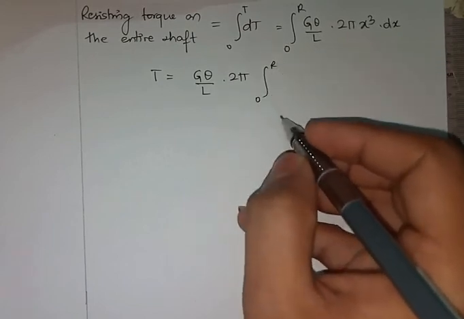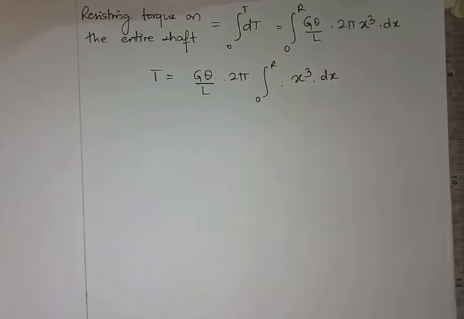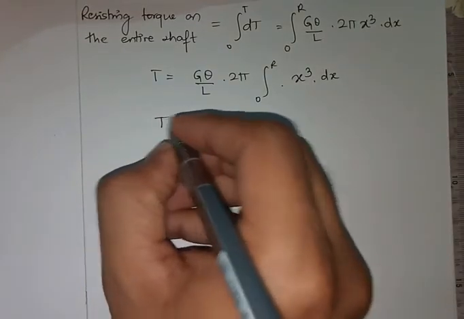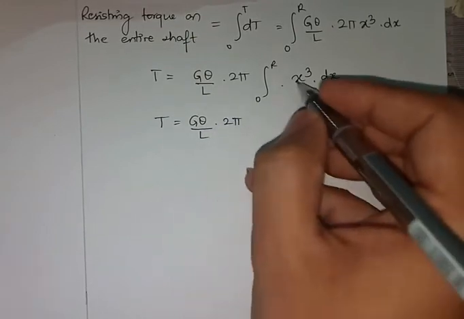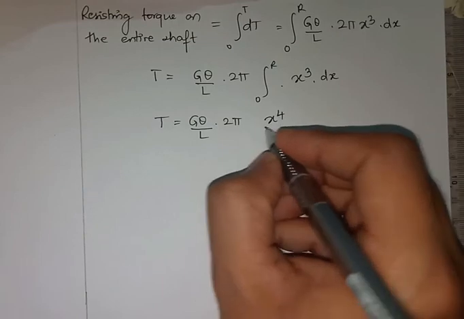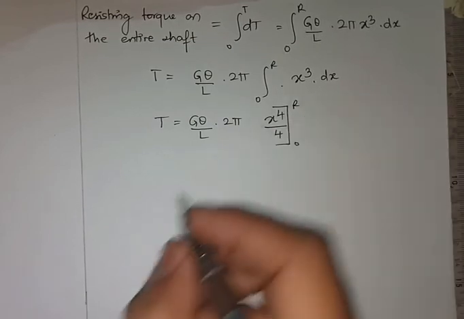G theta divided by L into 2 pi is constant. Integration of x cube dx from 0 to r. So T is equal to G theta divided by L into 2 pi, into the integration of x cube, which is x raised to 4 divided by 4, with limits 0 to r.